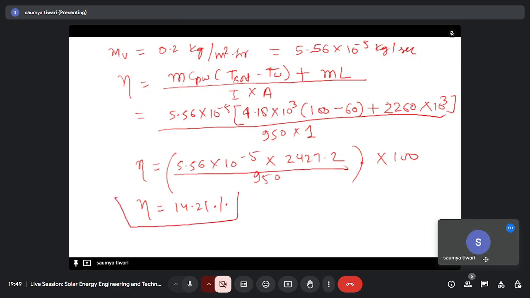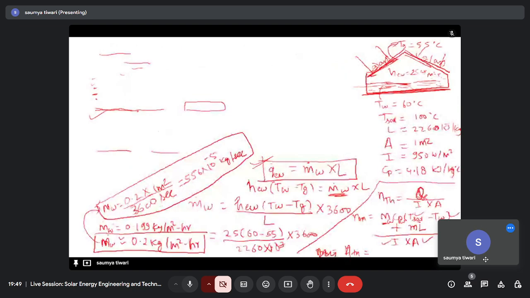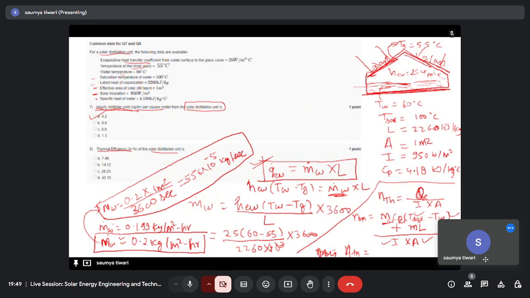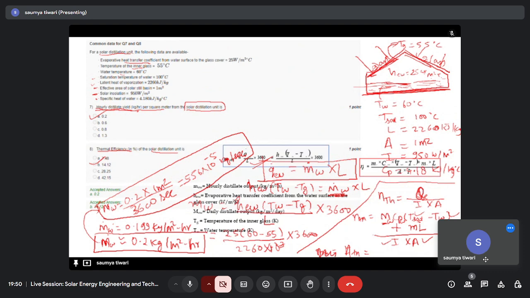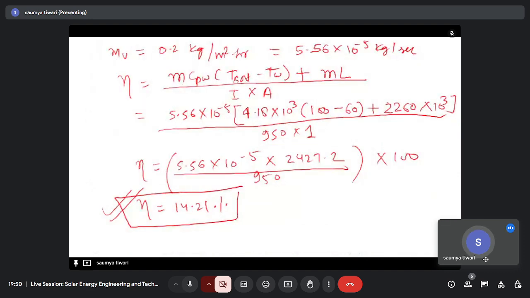So this will be your actual efficiency. So your correct answer is 14.12. I hope this question is clear.